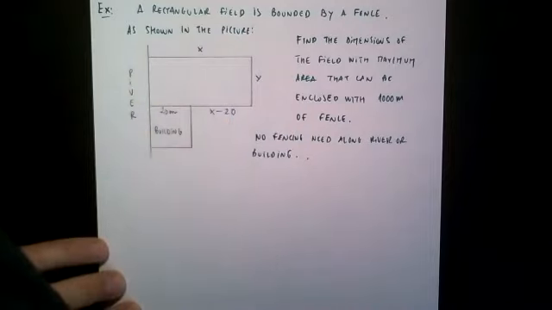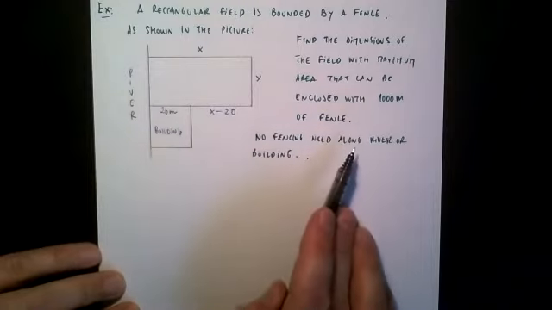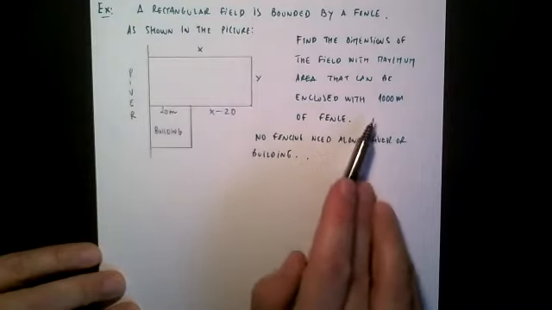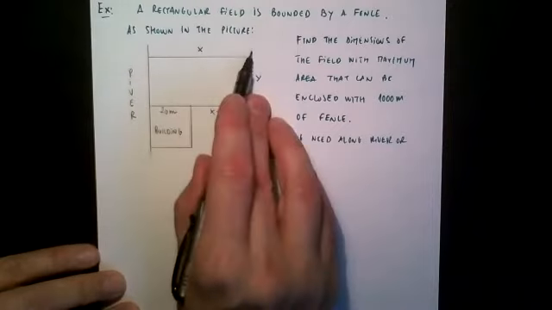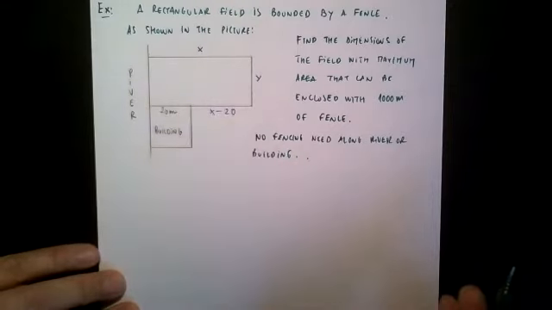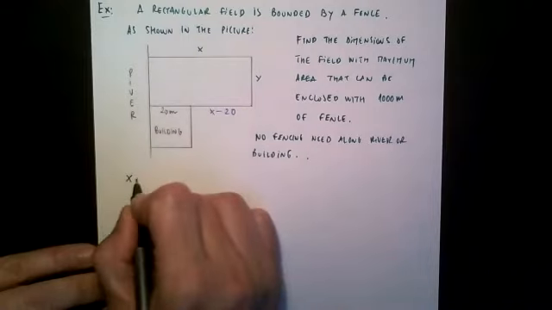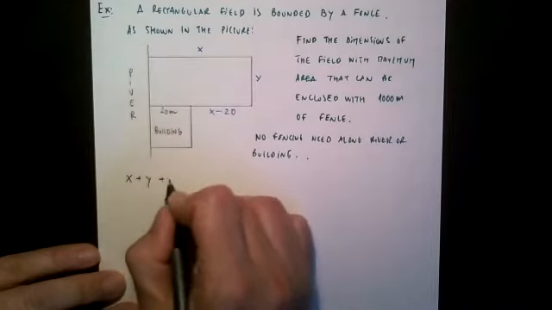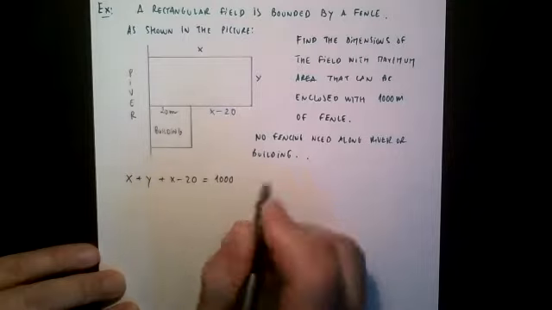So right away, what do I know? I have 1,000 meters of fence. So I know that X plus Y plus X minus 20 has to equal 1,000. Is that okay?